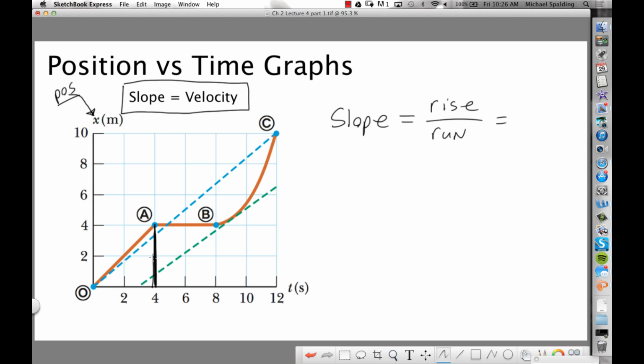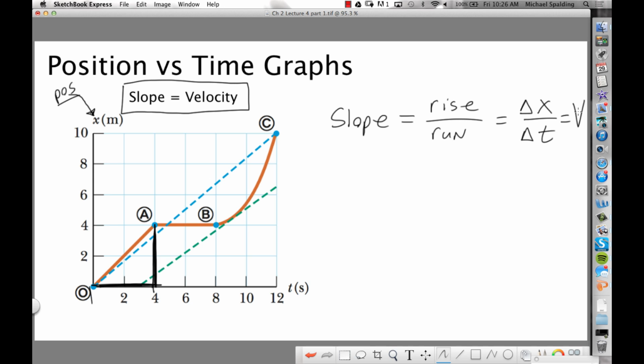So what would this rise be? The rise is the change in x, the change of position, which is the displacement. Now what's the run? The run is the change in time. What is displacement over time? Velocity. So this is equal to velocity.